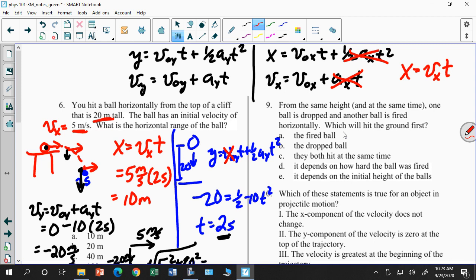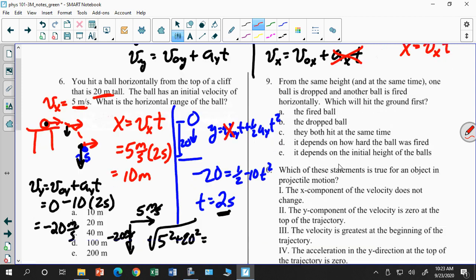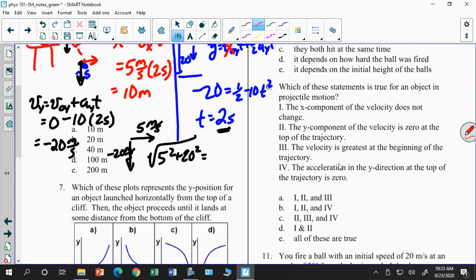All right, let's do this one. Which of these statements is true for an object in projectile motion? The x component of the velocity does not change. True? Yeah, that's a true statement. Yes, it's constant throughout. The y component of the velocity is 0 at the top of the trajectory.